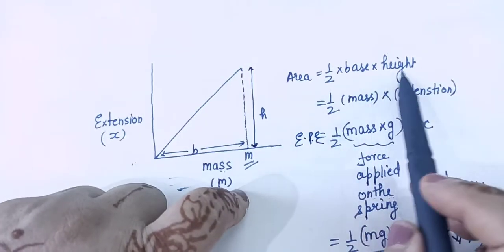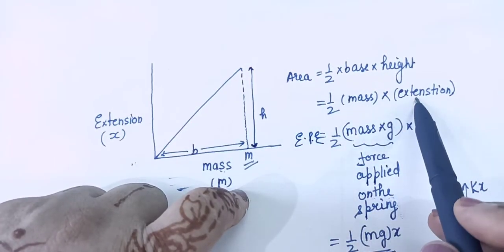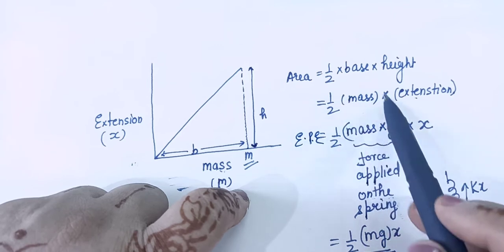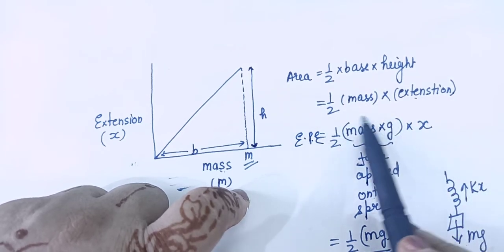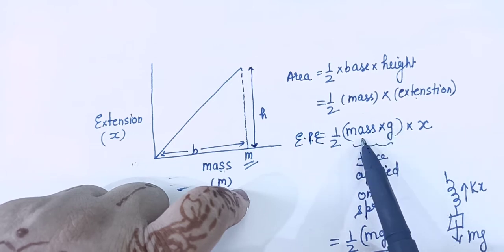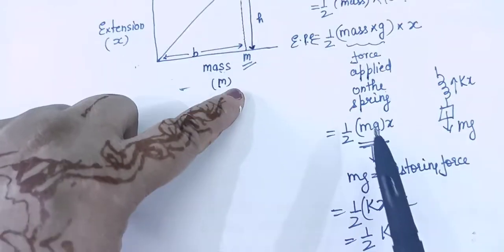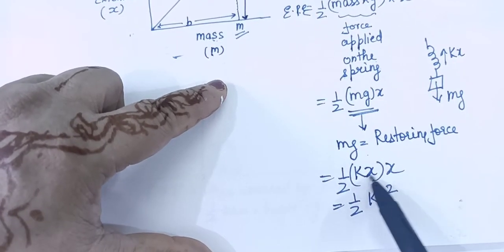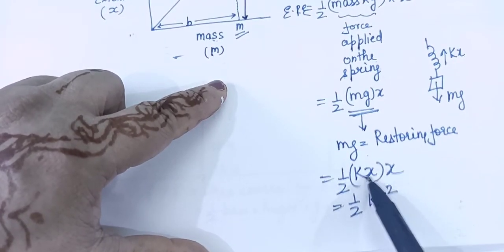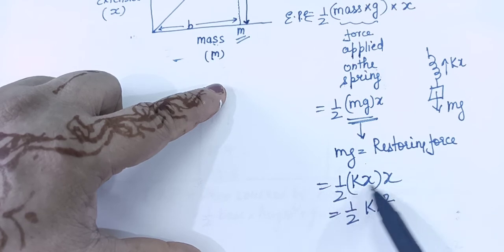Since we have drawn the graph between mass and extension, we have to multiply the mass with g. Then it will be the force applied on the spring, and then the force applied on the spring can be replaced with the restoring force kx, and you will get the elastic potential energy half kx square.